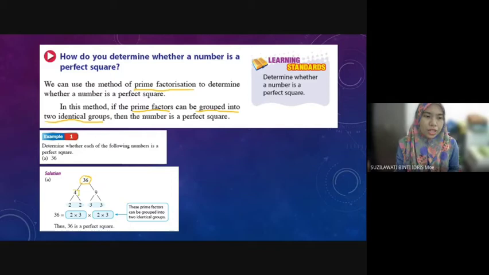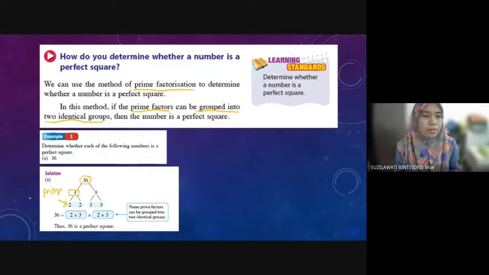And 4 here can still be broken down, we can still find two numbers multiplied to get 4, which is 2 multiplied by 2. And 2 is a prime number.